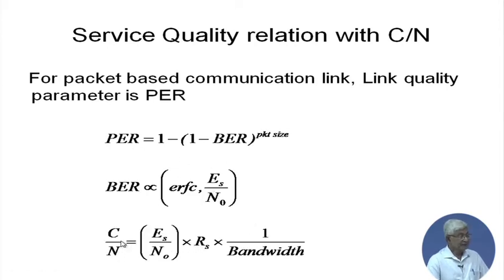Let us see the other way, to make it a little clearer. That is, our C by N we were discussing: how much carrier power is received and how much noise power we have received.